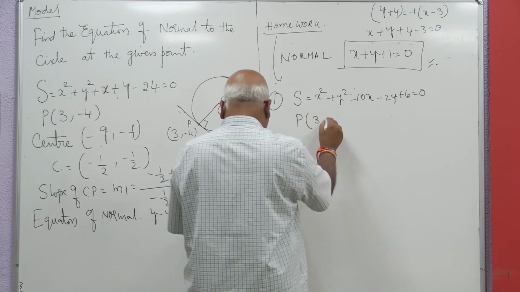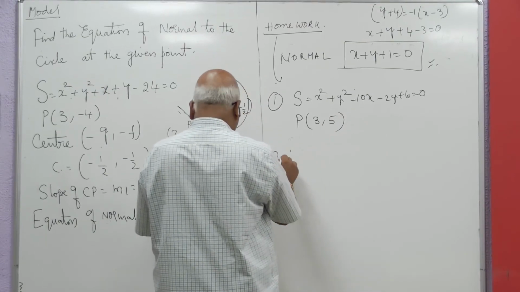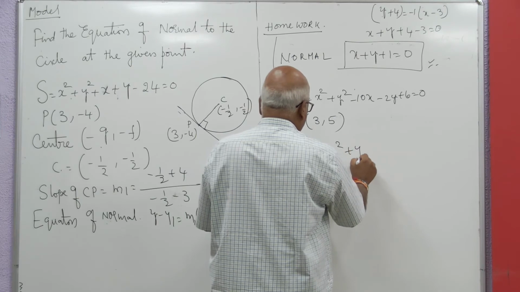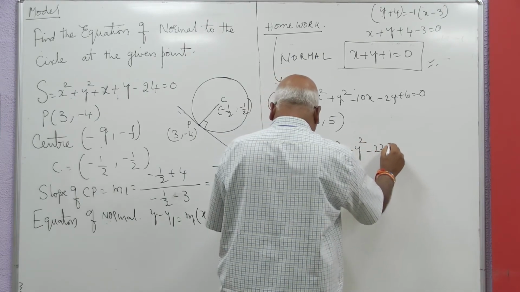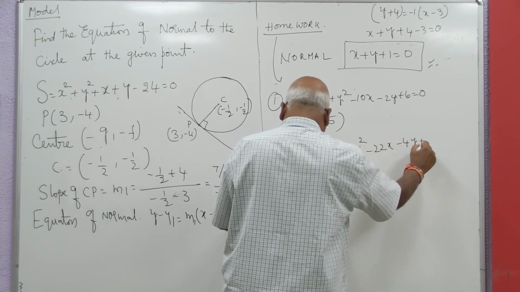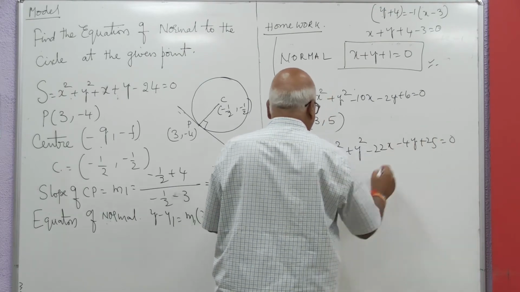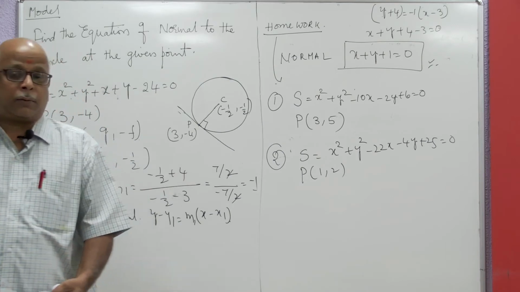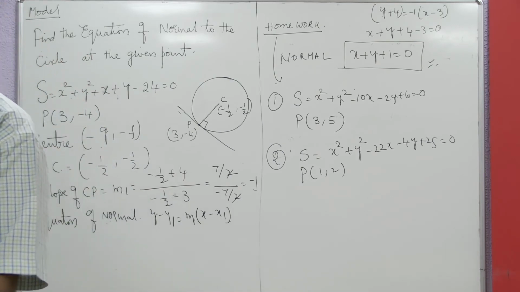Point is 3, 5. And the second problem, S equal to x square plus y square minus 22x minus 4y equal to 0, P is 1, 2. Find the equation of normal to the circle.